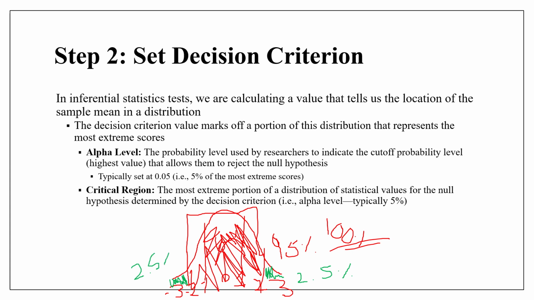2.5% on this side. And what the alpha level is saying is that this and this are what we consider extreme scores, because they're the farthest away from the mean, which again is always at the middle of the distribution, at the peak of the mountain. They're the farthest away from the mean. They're not represented by the mean very well.